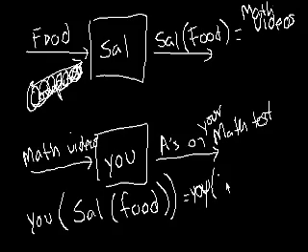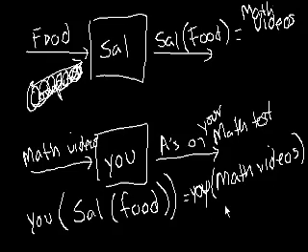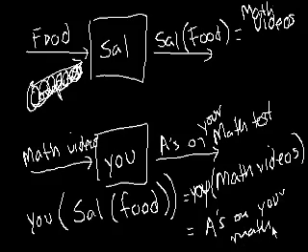I'm trying to confuse you. U of math videos, right? And we already said, if you put math videos into the function called U, or whatever your name might be, then it produces A's on your math test. So U of math videos equals A's on your math test. So U of Sal of food will produce A's on your math test.